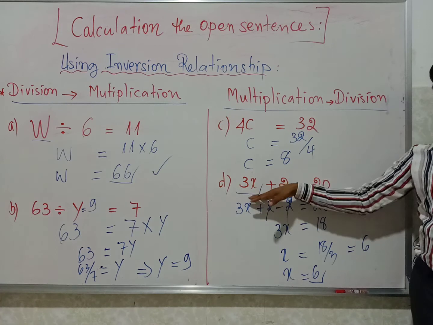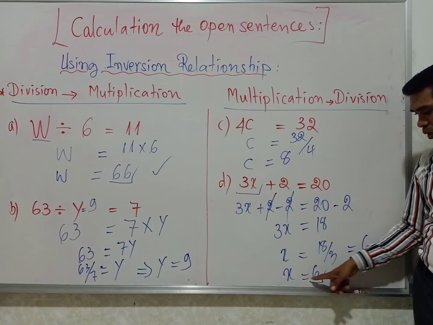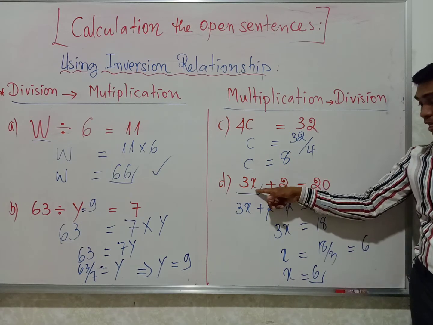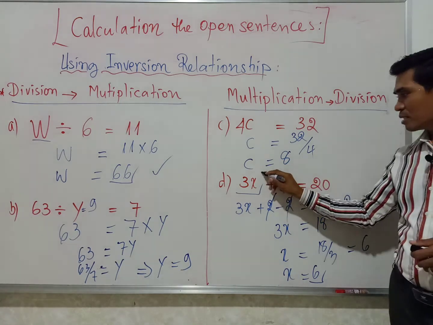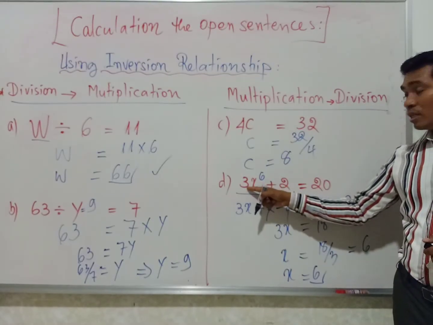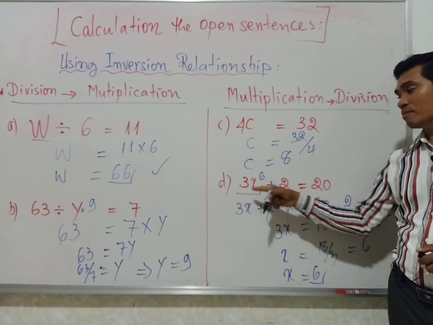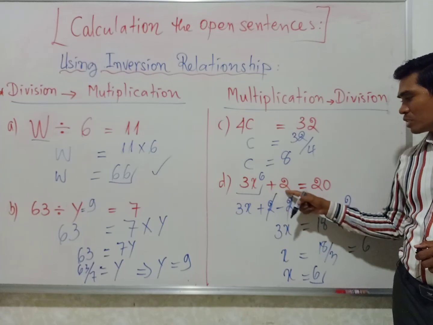Now if you check this one, x equals 6, so we replace x here with 6. 3 times 6 is 18, right? So 18 plus 2 is 20.